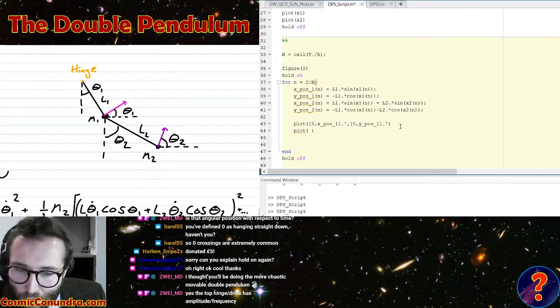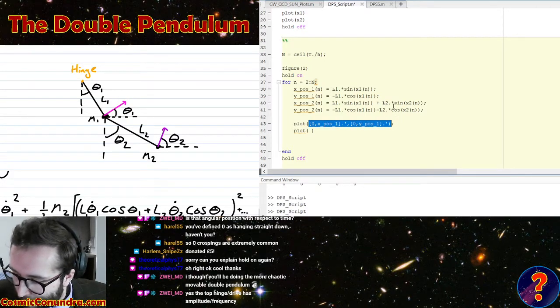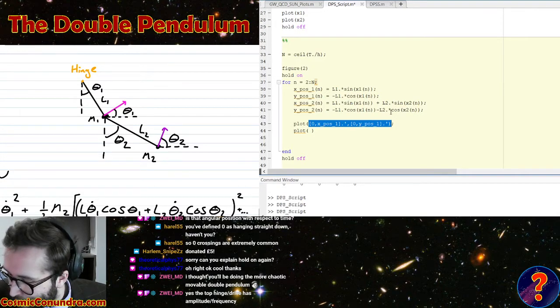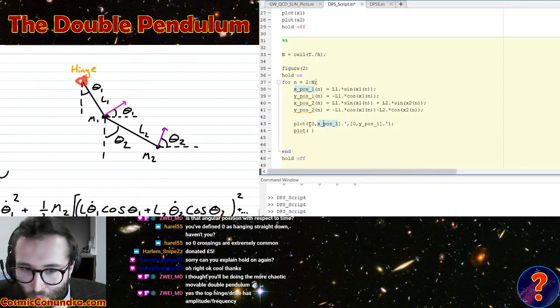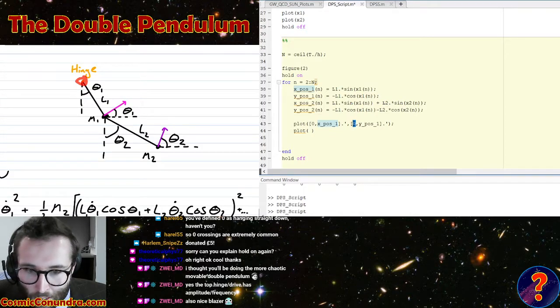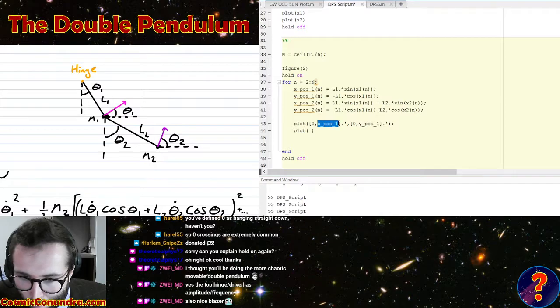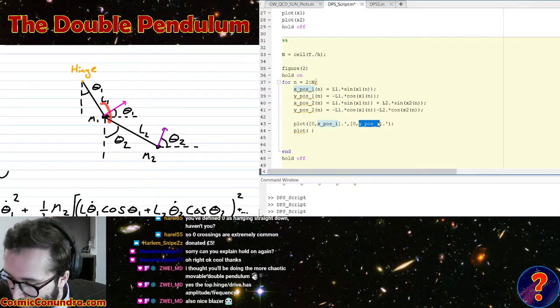But anyway, that's what it does. So this draws the first line segment of the rod, the first rod like that. It draws it between what I've defined here as 0, 0, and this position here, which has x coordinate, what I've called x pos underscore 1, and y coordinate, y pos underscore 1. It draws a line segment between these 2 points.